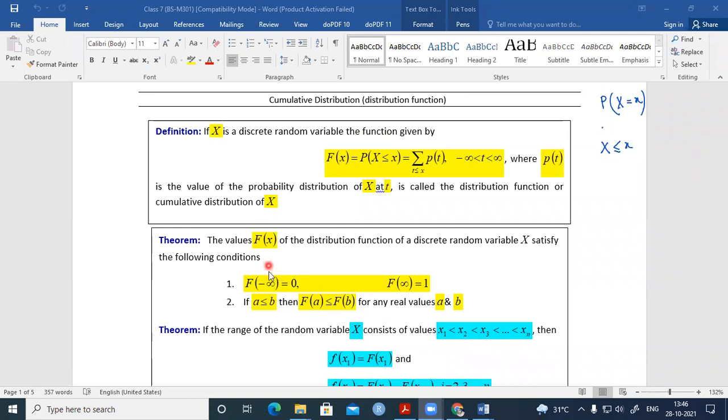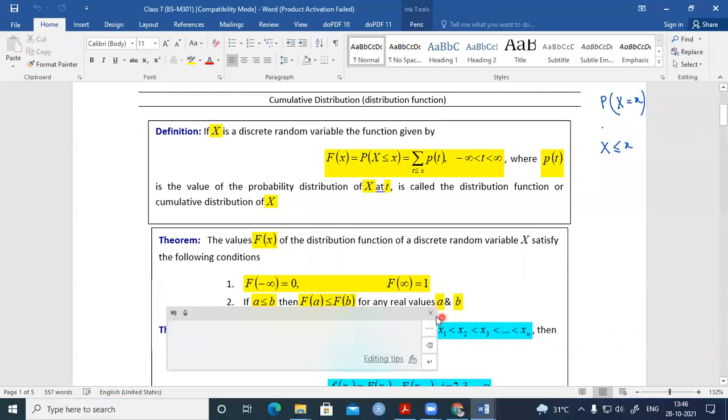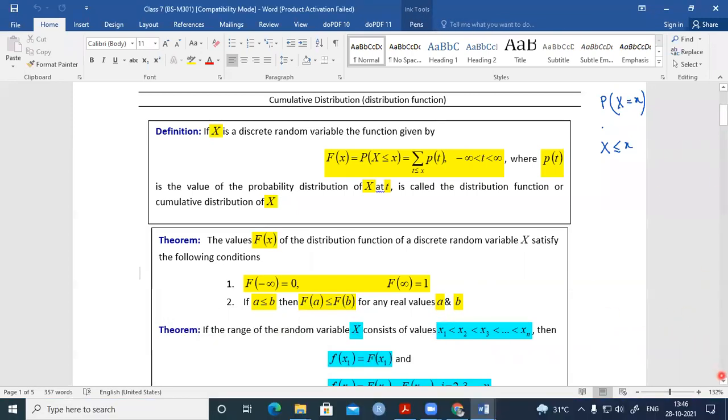At minus infinity, the distribution function will be zero. At infinity, F(infinity), the distribution function will be 1. If we have 2 points A and B, where A equals B, then the distribution function corresponding to A is the same as that corresponding to B; F(A) and F(B) will be the same. If A is less than B, then F(A) is less than or equal to F(B), where A and B are any real values. Okay, so let's proceed.